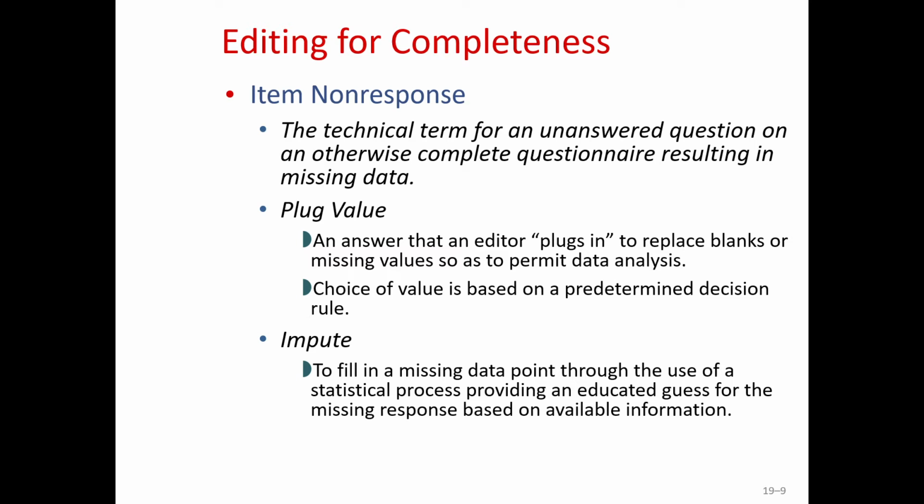However, when the relationship between two questions is important, such as that between a question about job satisfaction and one about pay, the editor may be tempted to insert a plug value. The decision rule may be to plug in an average or neutral value in each instance of the missing data.